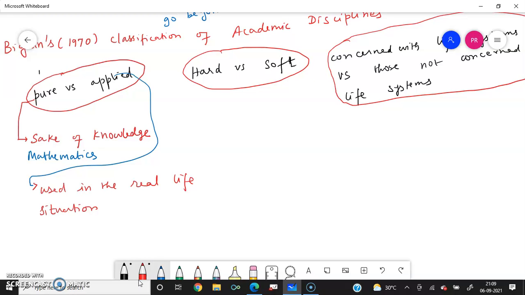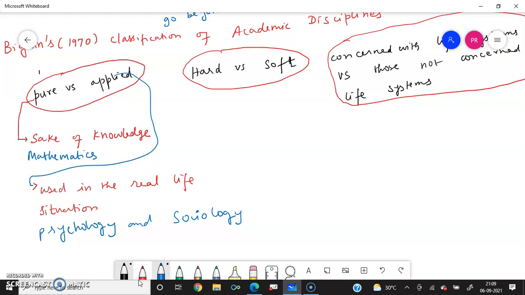For example, psychology means we are talking about human behavior, and we are taking the help of biology. And sociology, how human beings behave in a group.